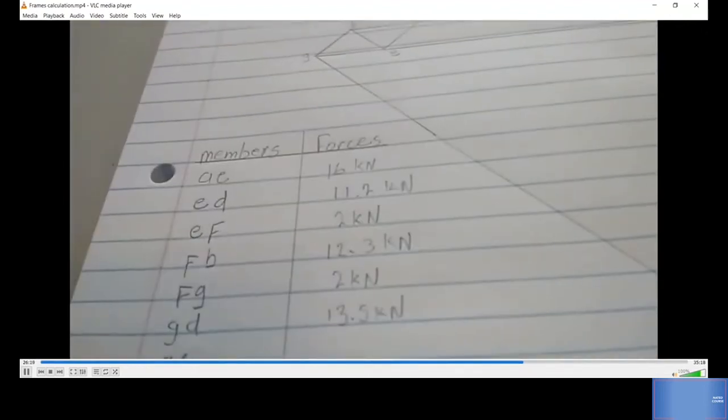Where's G? There's G, and there's D over there. So we measure, about 13.5 kilonewtons. And then the last one is GC. There's G over there and C down here. So we just measure that.